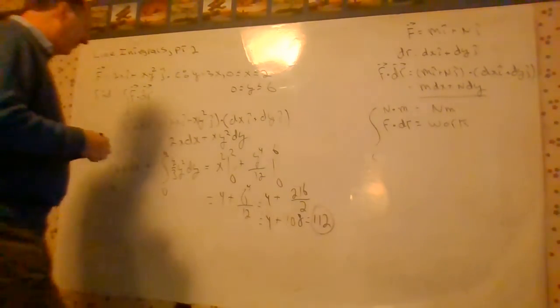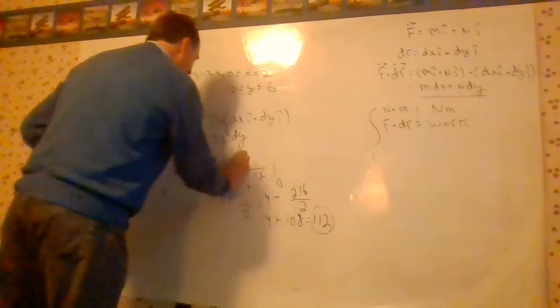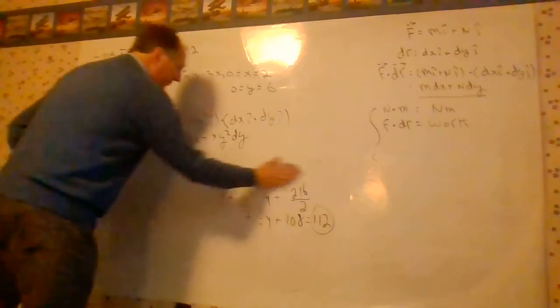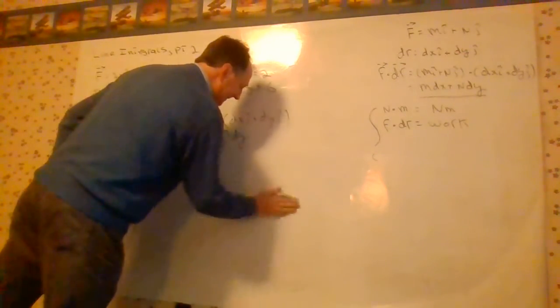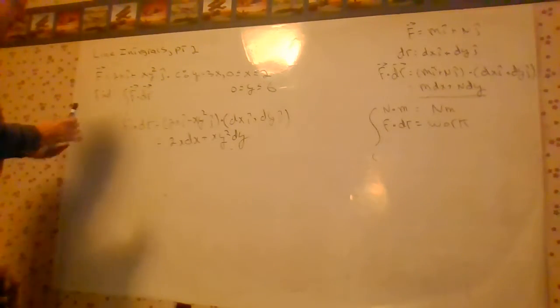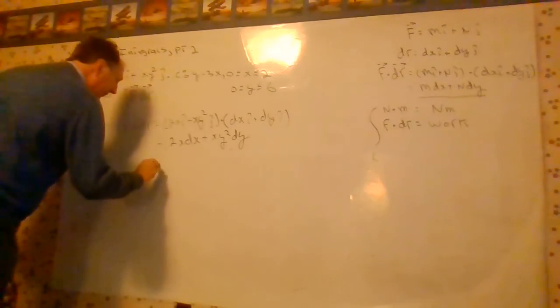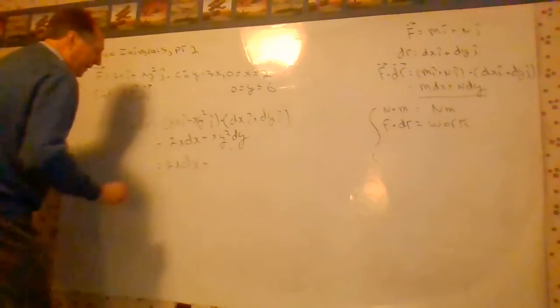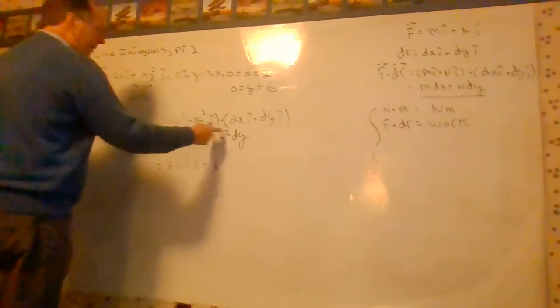Second way to figure this integral out, let's back up here a second. It's arbitrary which variable we use. We could have gotten it all in terms of x. We could have said this is 2x dx plus x. Y is easy.